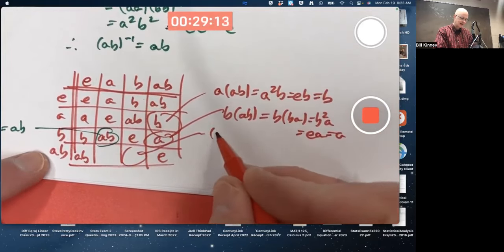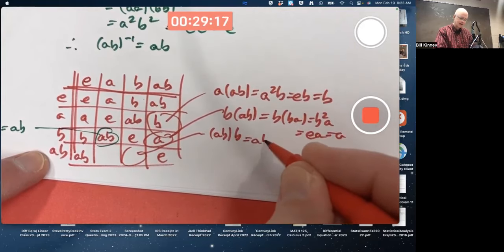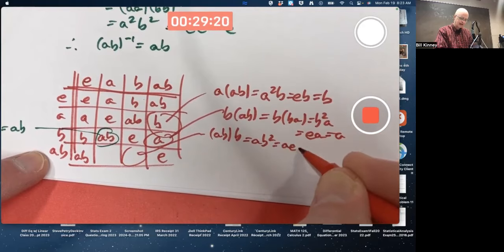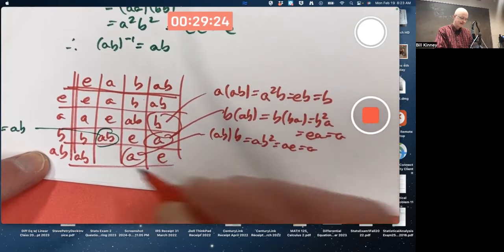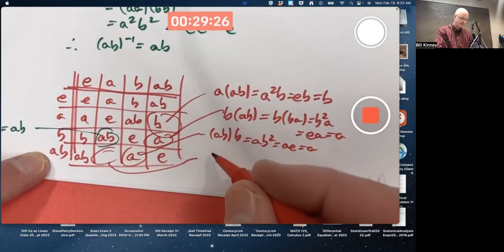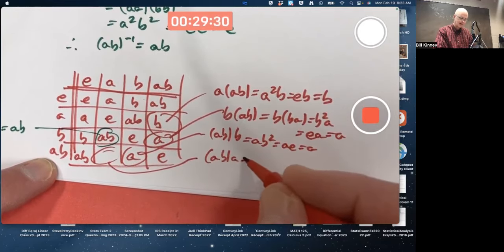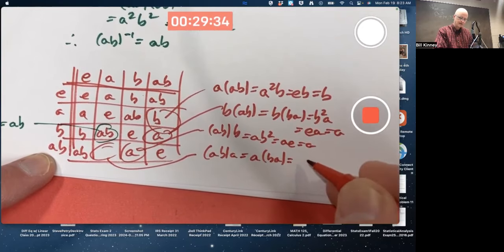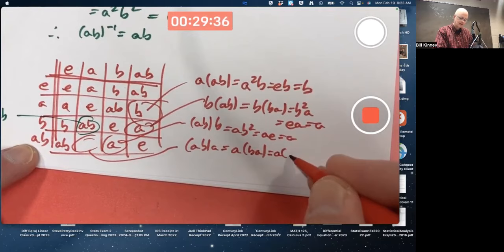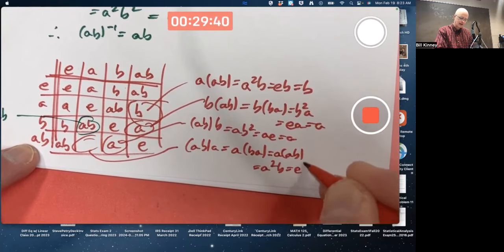What's AB times B? It's A B squared. AE is A. And what goes there? AB times A. Once again, A and B commute. I could write this as A squared B, EB, which is B.